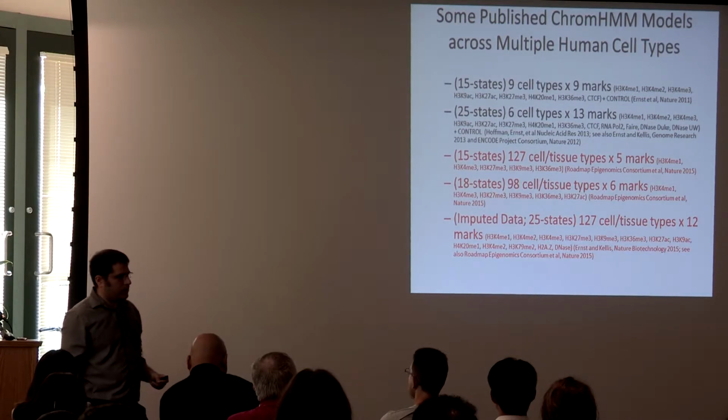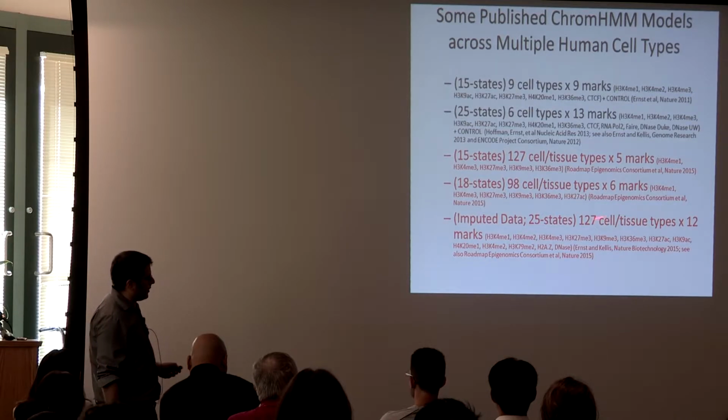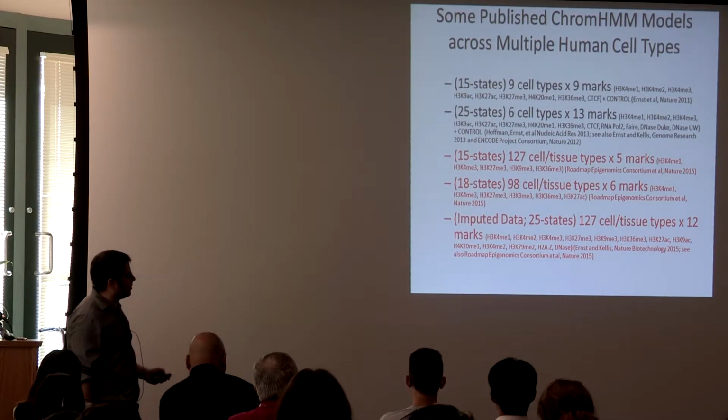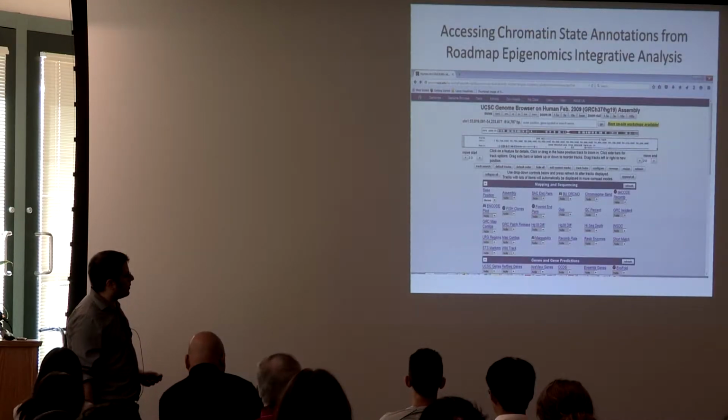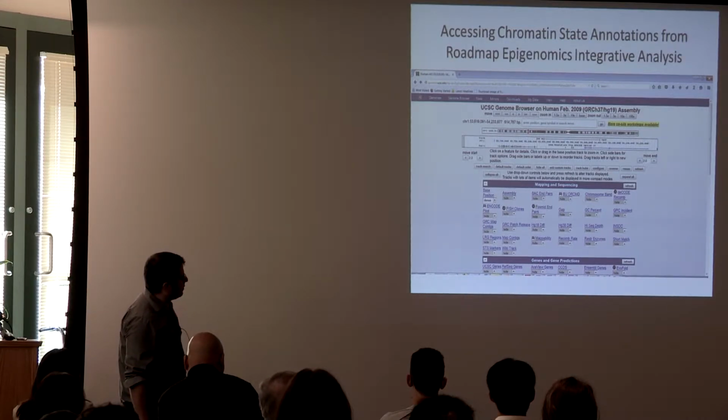H2A.Z is a specific histone variant. We learned a chromatin state model, in this case with 25 states, based on that data. This was published as part of this publication and also referenced as part of the main Roadmap Consortium work.